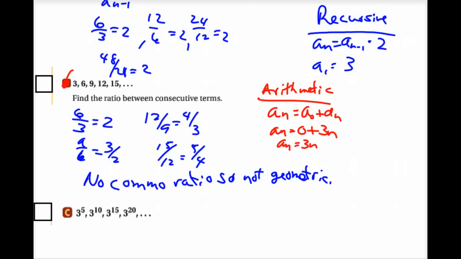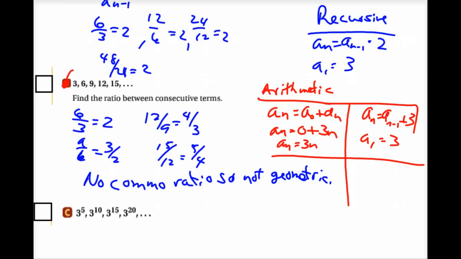Recursive would be a sub n equals a sub n minus 1 plus 3, and a1 is 3. That would be recursive. So just a reminder for you there. One on the left, explicit, one on the right, recursive.